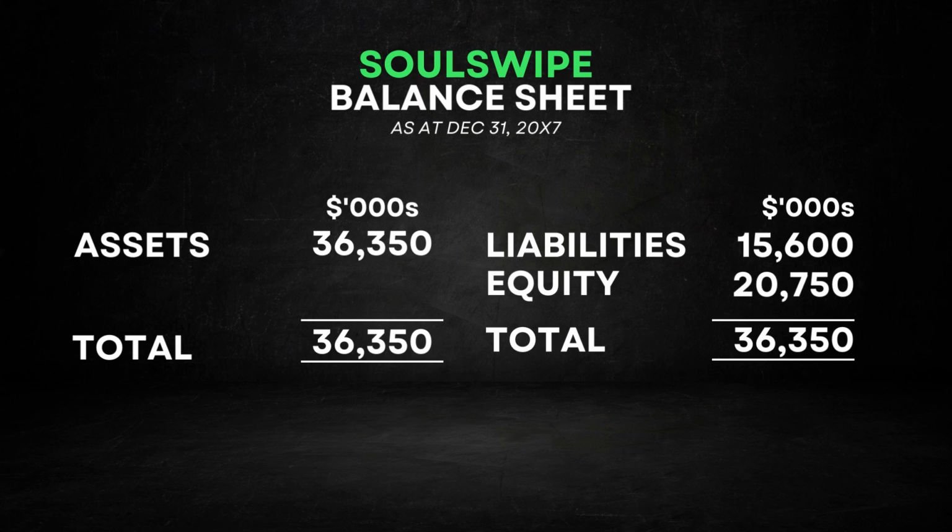Remember, a balance sheet captures a snapshot of a business's assets, liabilities, and equity at a specific point in time. On the left side, we see what the business owns, and on the right side, we observe what it owes to third parties and its owners.